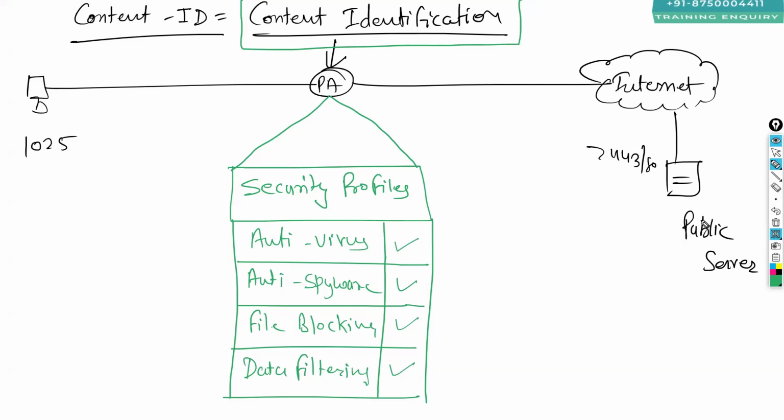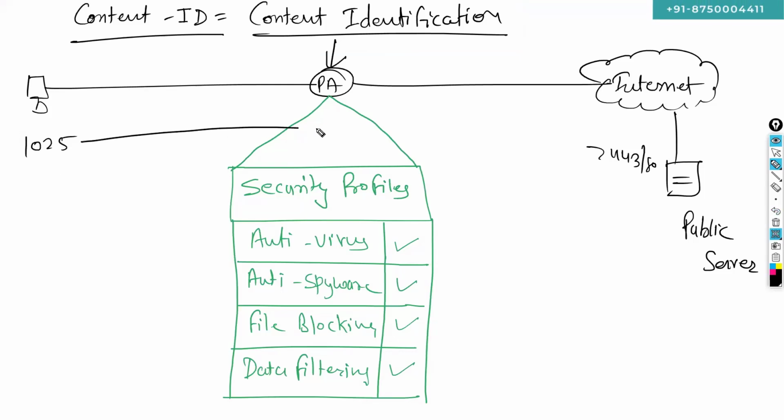Okay. Now, what will happen? Same client will initiate a request using port number 443. Client will use dynamic port number. It will hit port number 443. Now, server has some data.